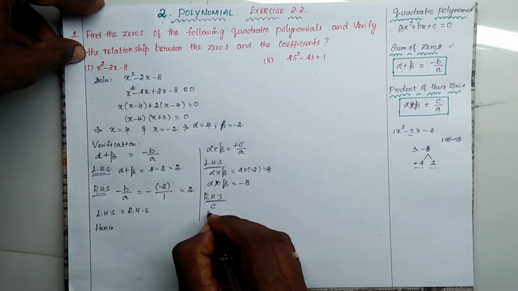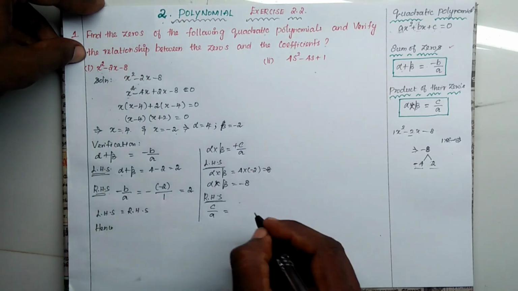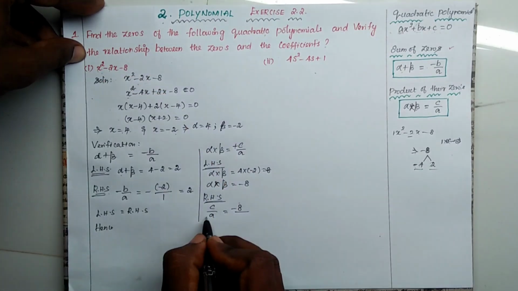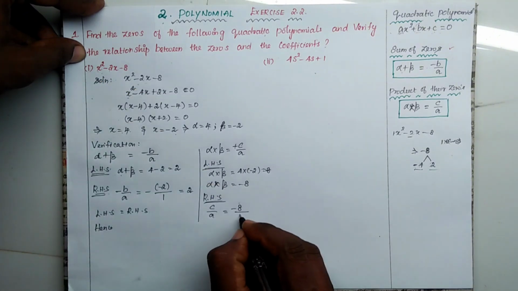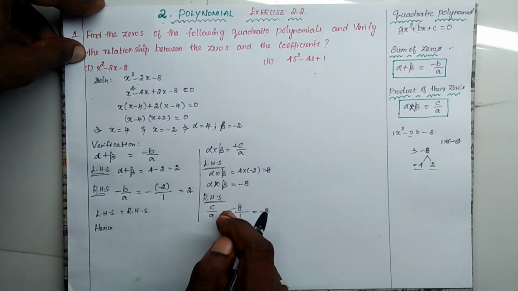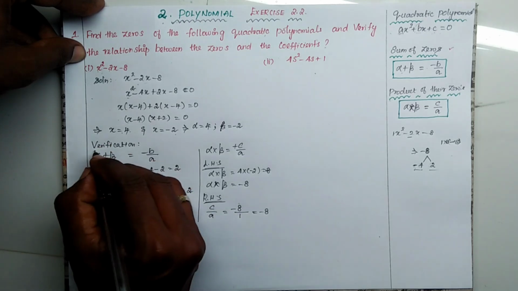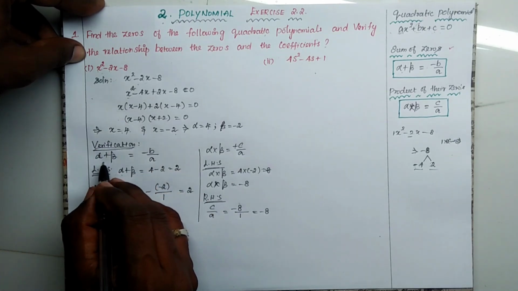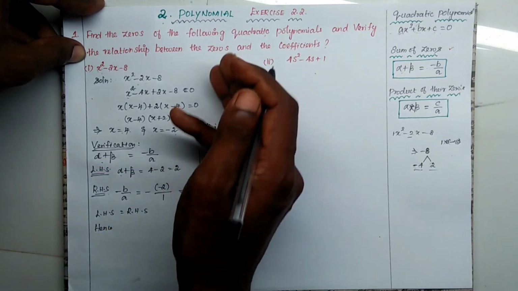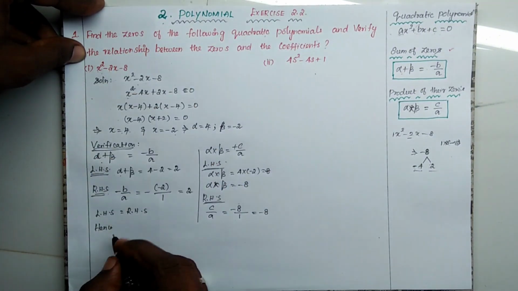RHS is c divided by a. c is nothing but this constant, which is minus 8, and a, the coefficient of x square, is 1. This will give us minus 8. From this we get LHS is equal to RHS. So we have verified the sum of the zeros and the product of the zeros. From these two, we have verified the zeros and coefficients relationship.